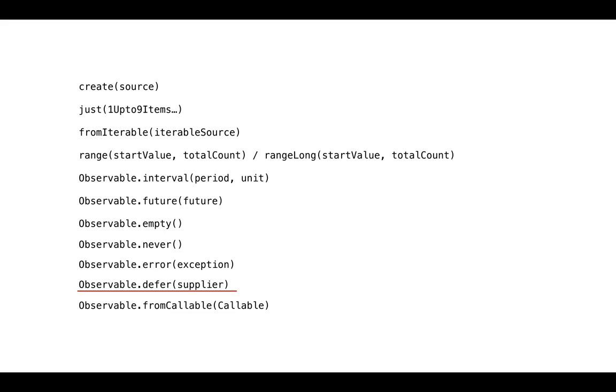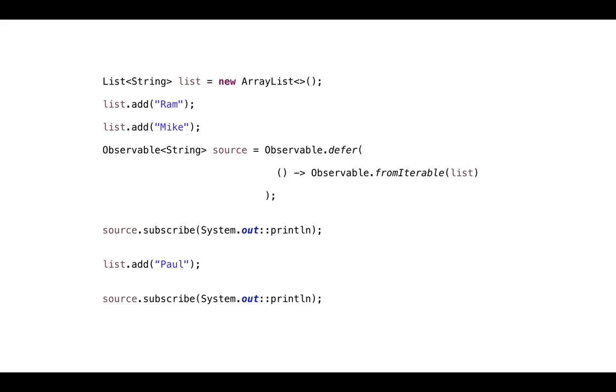Now moving to the next one. Next is defer. It creates a separate state for each observer. For example, suppose you have a list. This list contains the elements Ram and Mike. And then you're creating an observable using this defer method. Defer takes a supplier that also returns an observable.